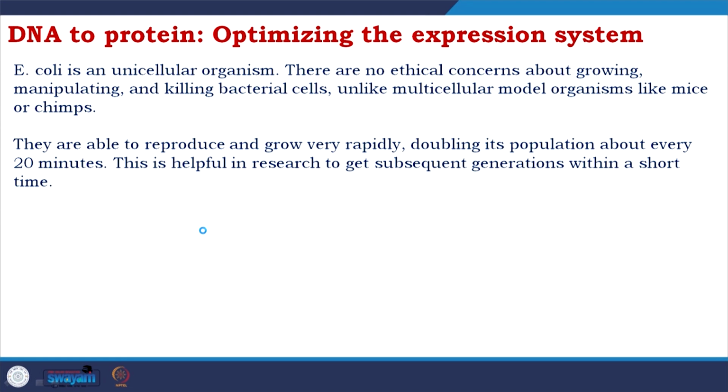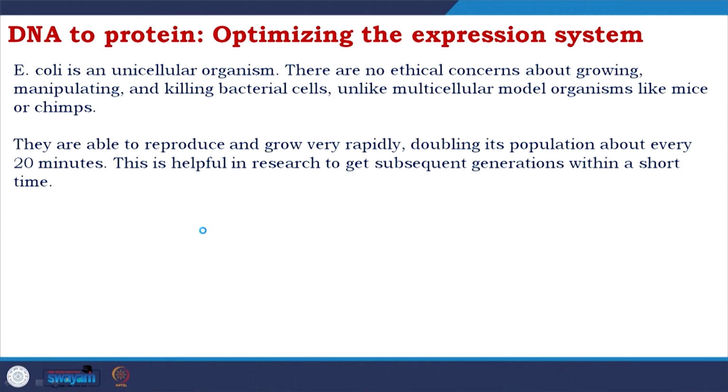They are able to reproduce and grow very rapidly, doubling their population about every 20 minutes. They say it is 20 minutes, but there is overlapping population. I am not going into the molecular biology, check it. Actually, E. coli doubles on average in 9 minutes, though theoretically it is 20 minutes. This is helpful in research to get subsequent generations within a short time.